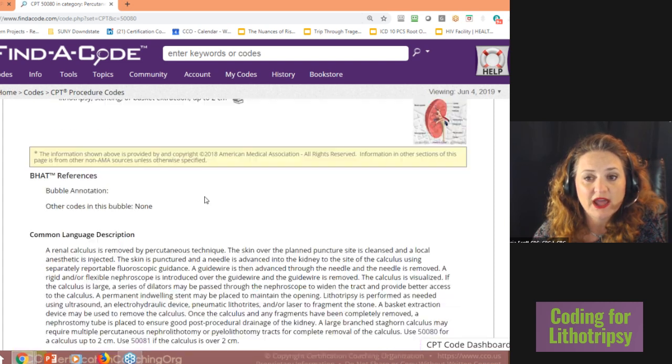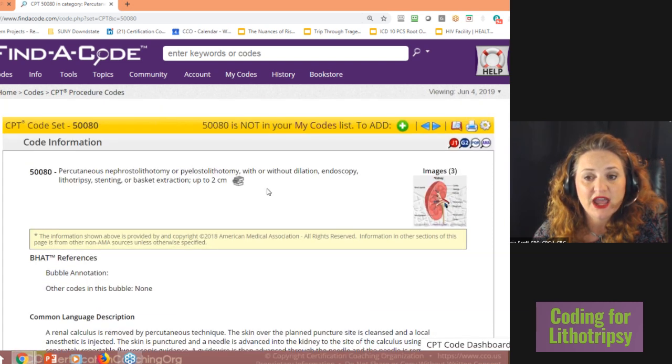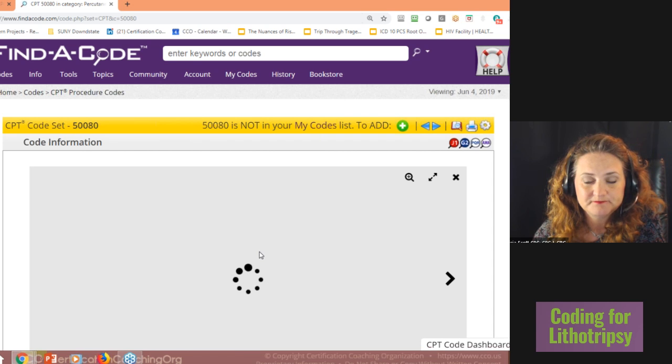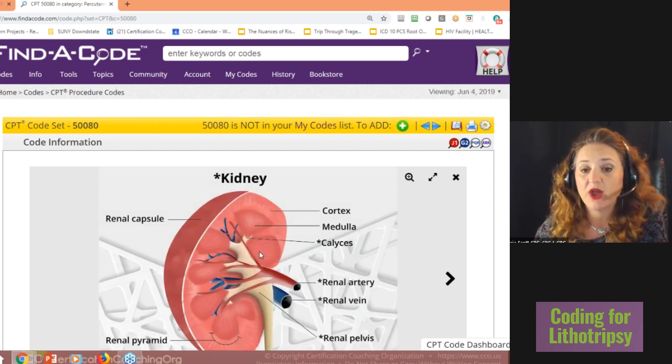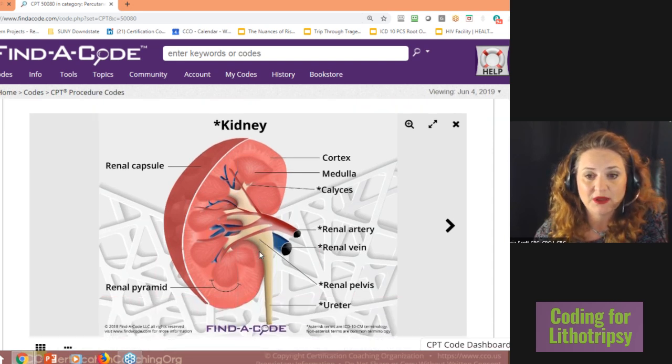Now, this is what I had done because I had a 5 millimeter stone caught. Now, nephro is the kidney, pyelo. Let's look at the anatomy of the kidney to determine which is the proper code. So again, you got to know the anatomy.